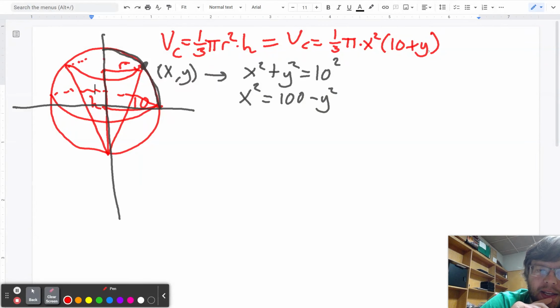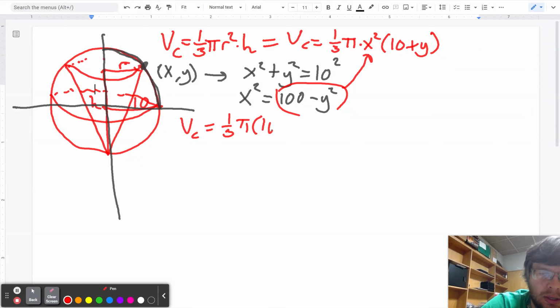Then I can take x squared and substitute in right there. So now my volume of my cone is a lot better. 1/3 pi times (100 minus y squared) times (10 plus y).